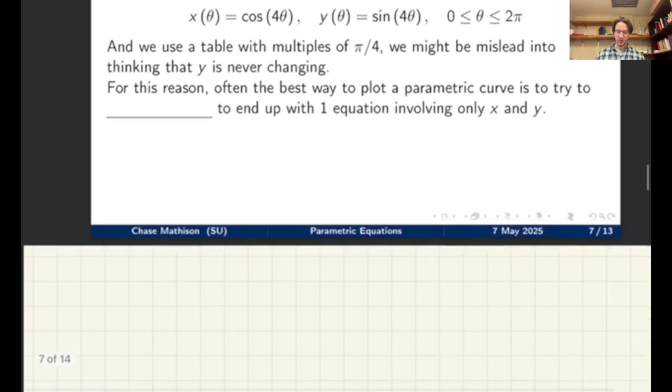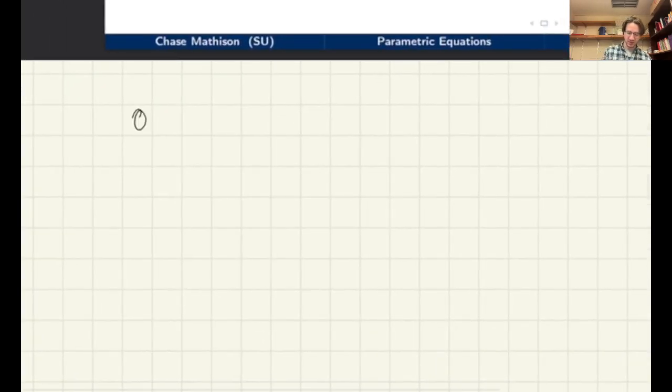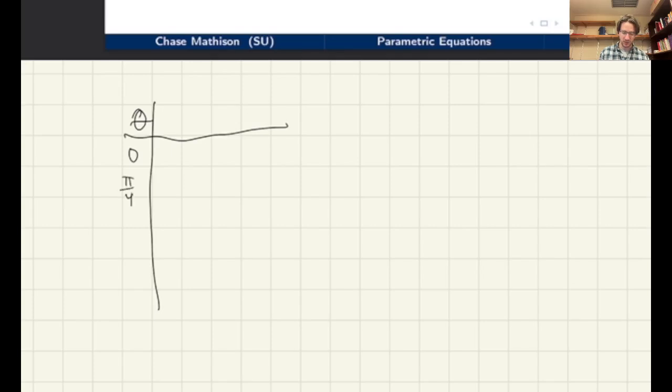Let's try to make a table of values for this theta, and let's go by steps of pi over 4. So we'll do theta equals 0, pi over 4, pi over 2, 3 pi over 4, and then pi, and that's where we'll stop. Then x of theta and y of theta, we'll get the following.